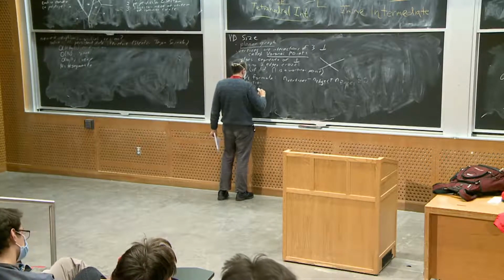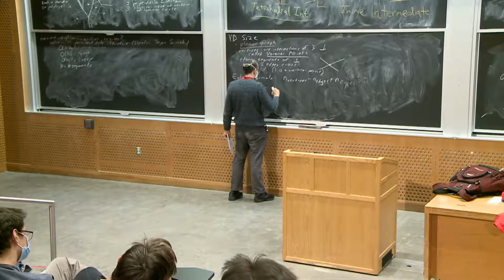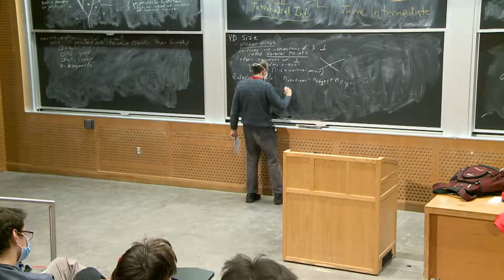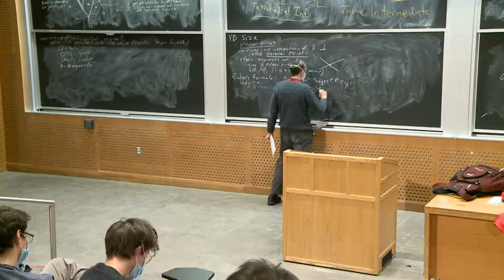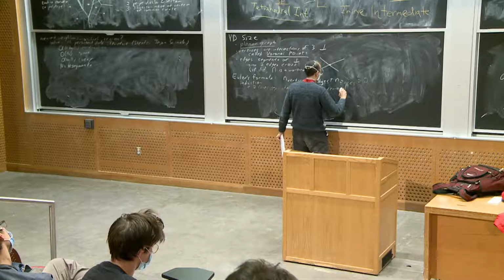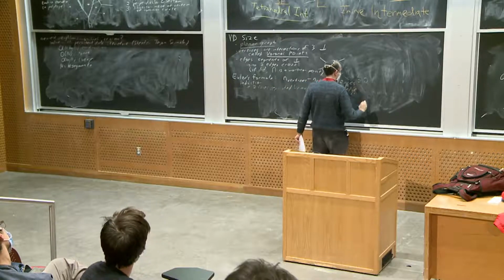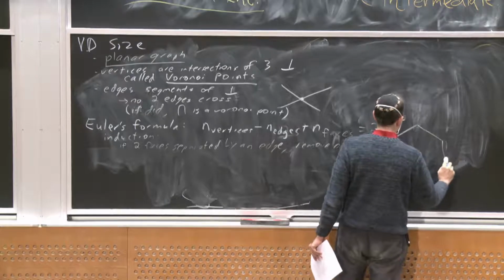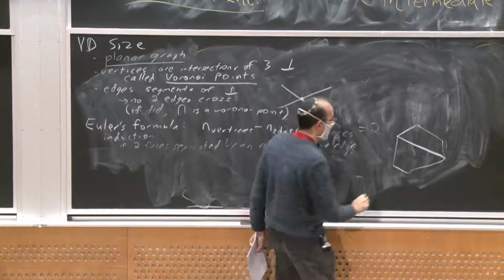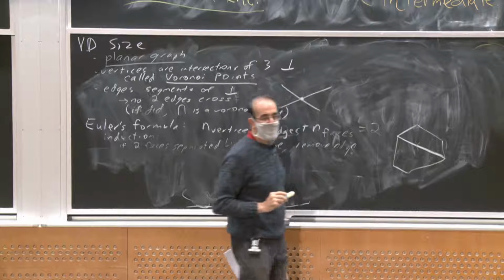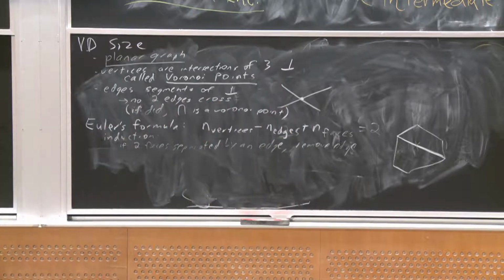If you have two faces separated by an edge, what happens when I remove the edge? So if I have a shape like this, and I have an edge running across, if I remove this edge, what does it do to Euler's formula?